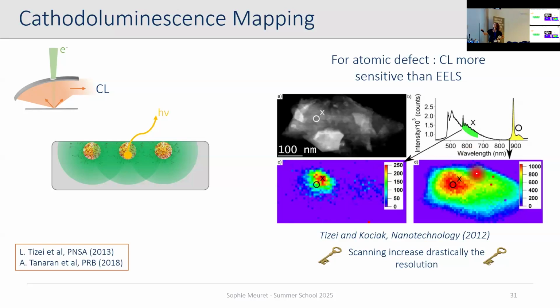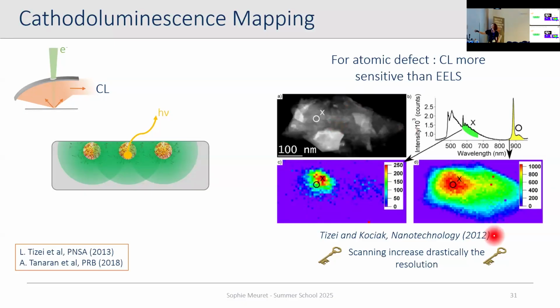And if now you filter the map, so you look only at the photons coming at this specific energy, depending on the position of the electron beam, you can see that you have a higher emission when you're on the cross here, compared to when you're looking at this one on the circle here. So you can actually localize them with a much higher resolution than just the pear of interaction.